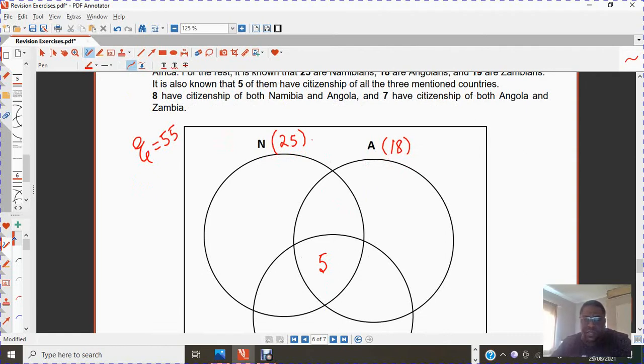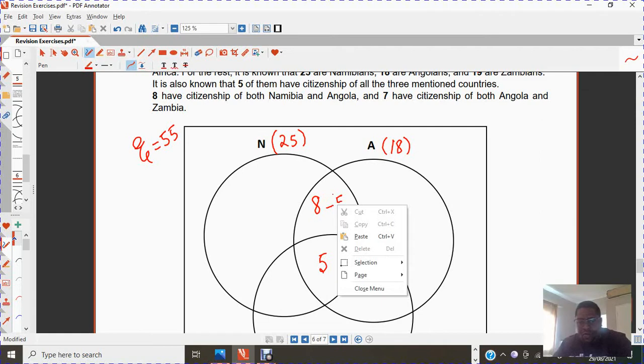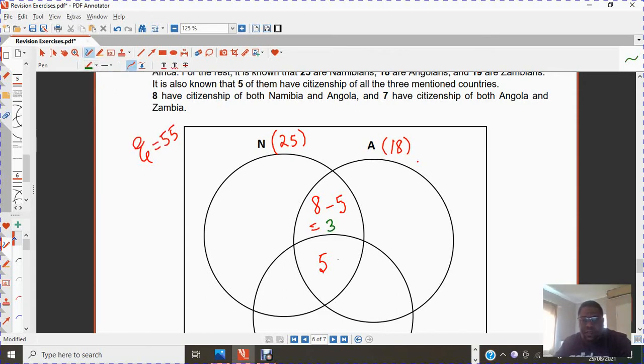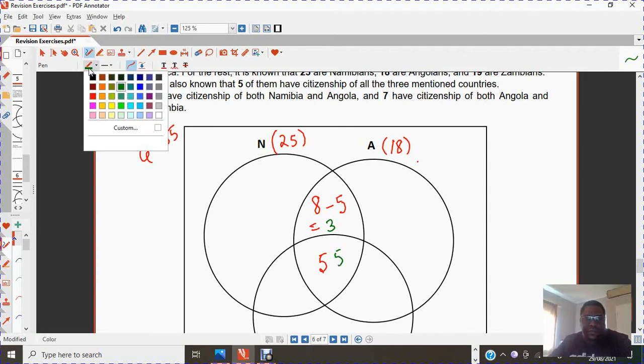So that you don't get confused, the overlap that exists between Namibia and Angola, all of them should add up to 8. So I should have 3 here, so that this 3 plus this 5 gives me that 8.